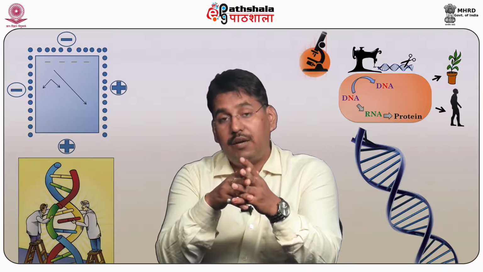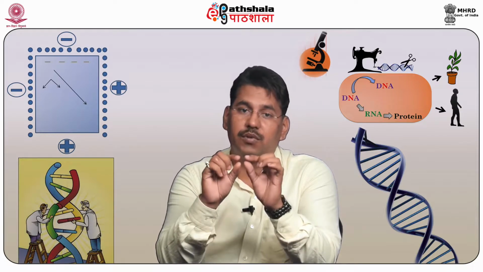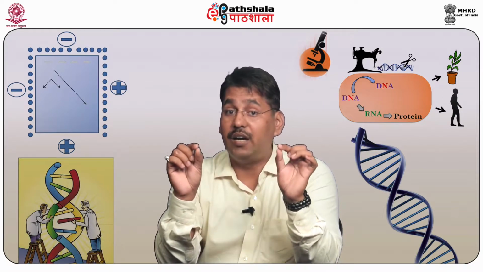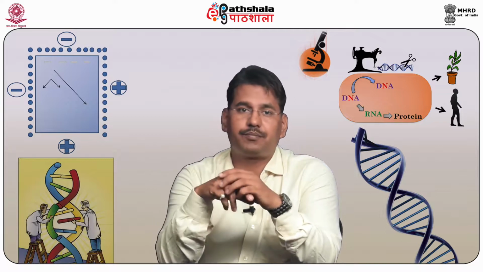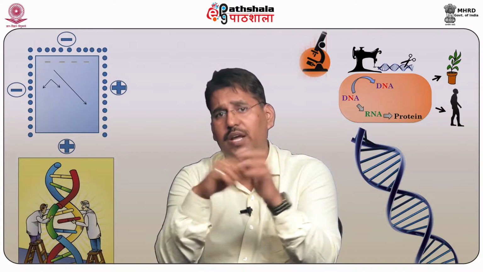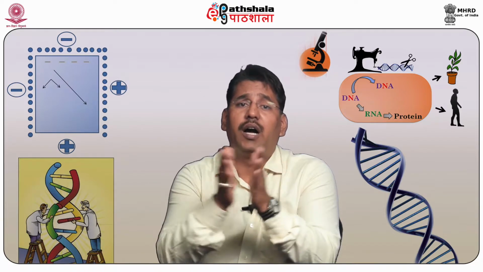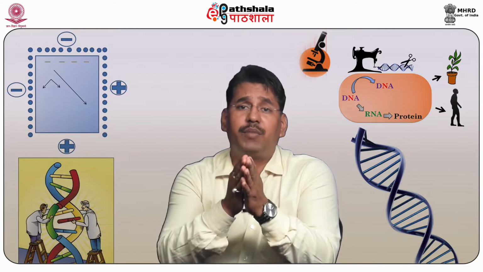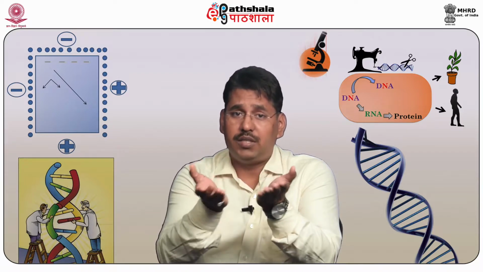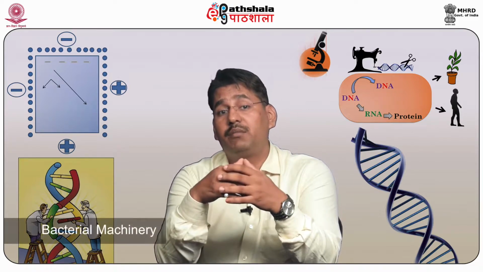The DNA strand present in the phage is called the F plus strand. After entering the host E. coli, it converts into a double-stranded DNA molecule called the replicative form. The double-stranded formation is done by utilizing bacterial machinery.